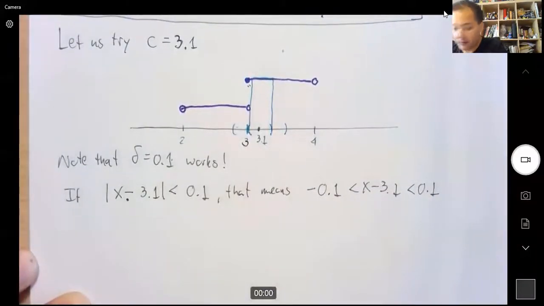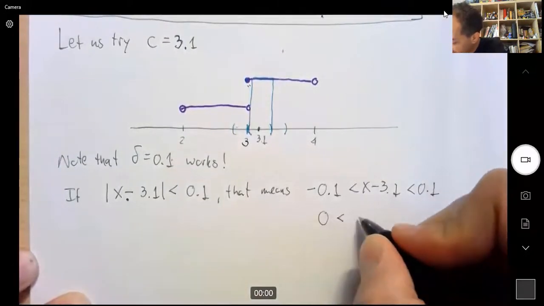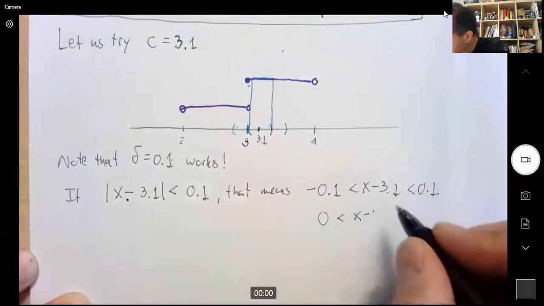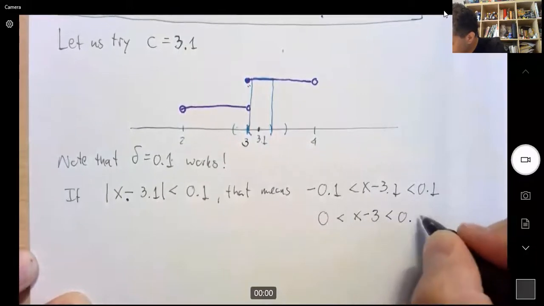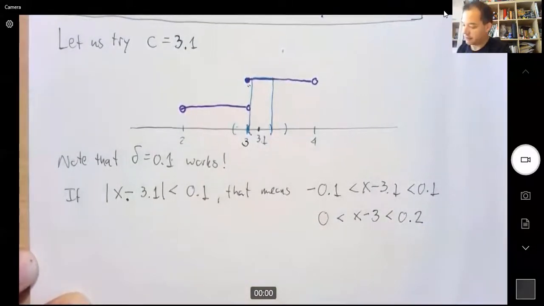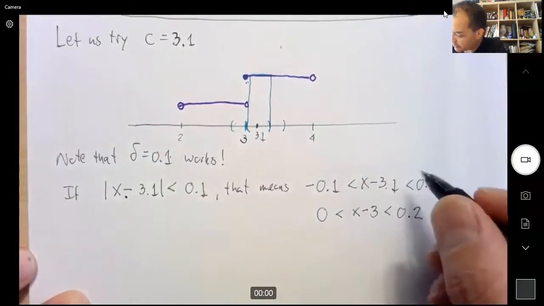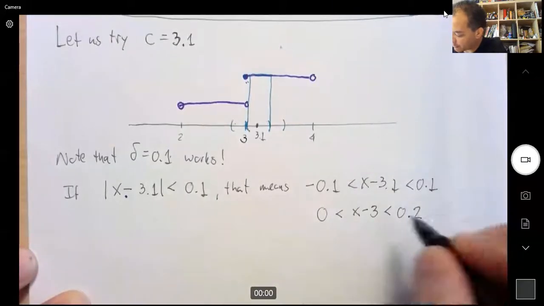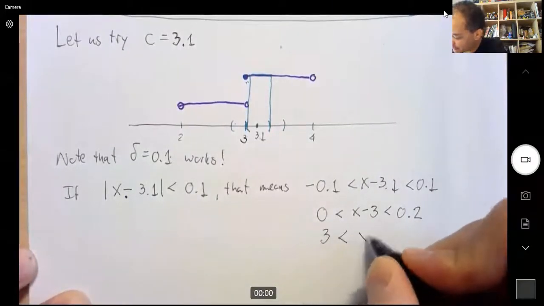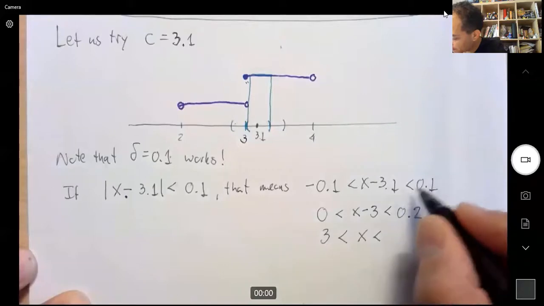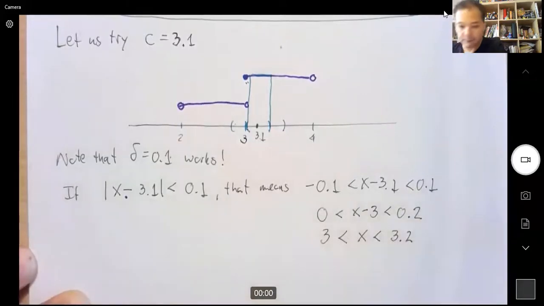And if I add 3.1 on both sides, which is really what I wanted to do, this is really what I want: 3 is less than x, which is less than 3.1 plus 0.1, 3.2. Why? Because now I know that x is between 3 and 3.2.